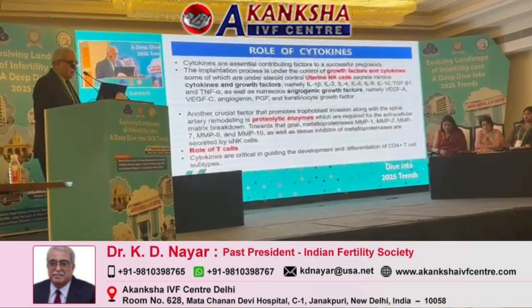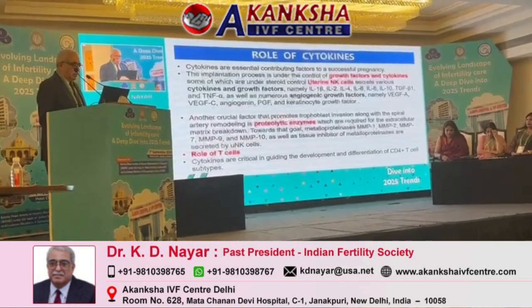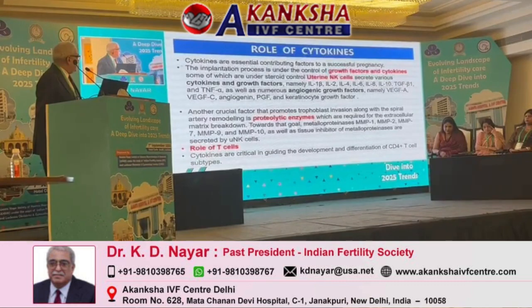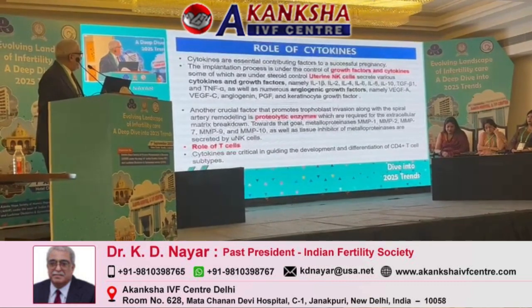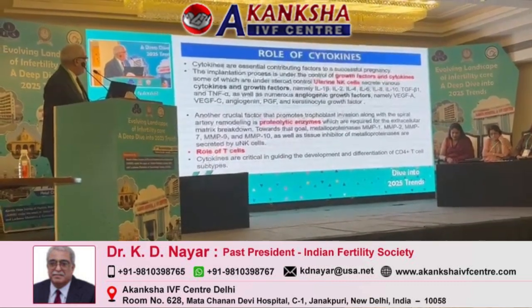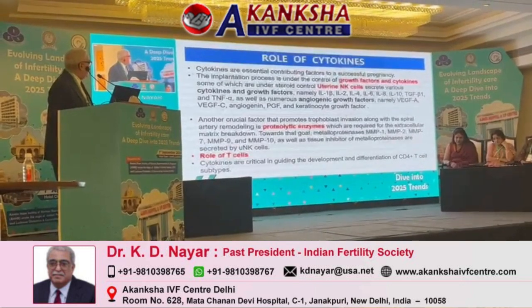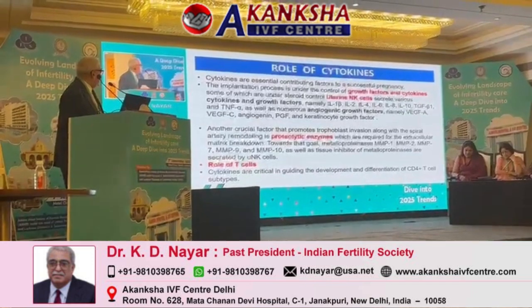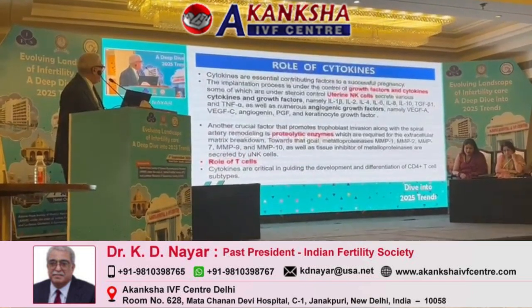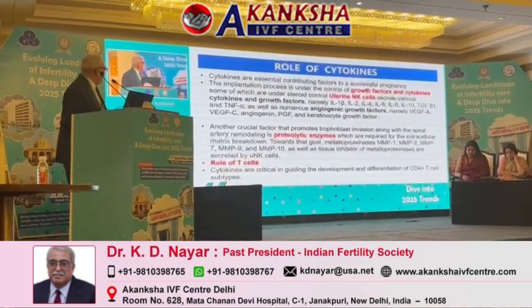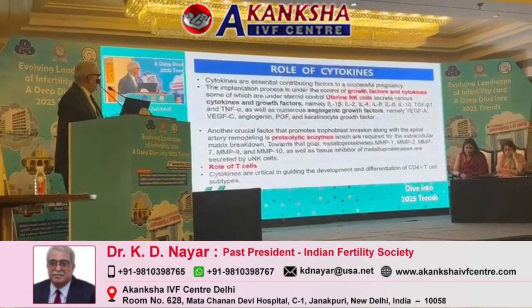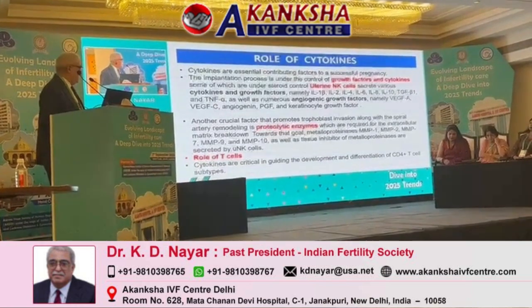They are secreted by uterine natural killer cells. The cytokines and growth factors are IL-1 beta, IL-2, IL-4, IL-6, IL-8 and IL-10. They also produce angiogenic growth factors, VEGF-A and VEGF-C, and some proteolytic enzymes are also required, MMP1 and MMP2. And the role of T cells: cytokines are critical in guiding the development and differentiation of CD4 T cell subtypes.